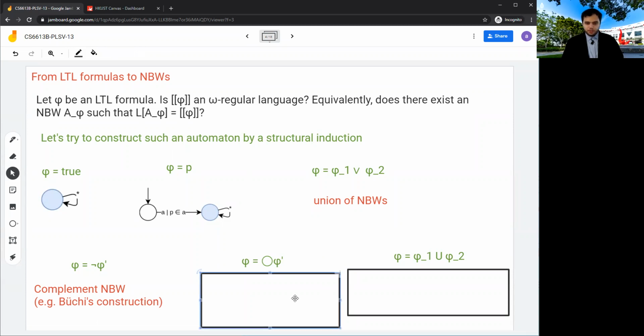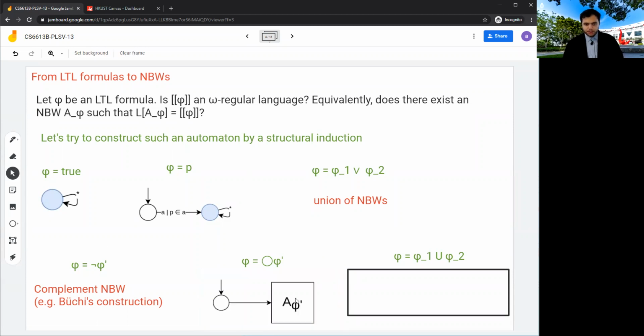So the construction is actually quite easy in this case as well. I just take the automaton that I had for phi prime. I have such an automaton by induction hypothesis. So I just add one dummy state and I start here and I don't care what I read. I just go to the initial states of this automaton. So this just ignores the first letter and then we should have phi prime in the rest.